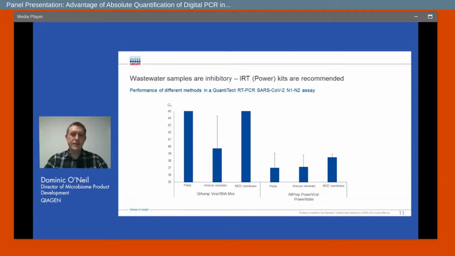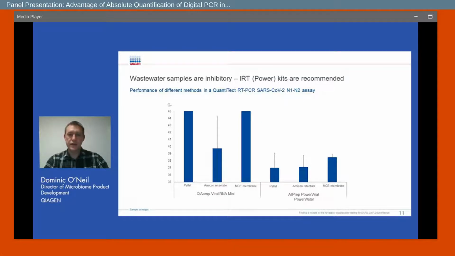Now the QIAGEN Viral RNA Mini Kit is standardly used for SARS-CoV-2 detection or extraction and analysis in swab samples, for example, but it's not designed to deal with fecal material or sewage samples. And here, when we compare it, we see that as well.